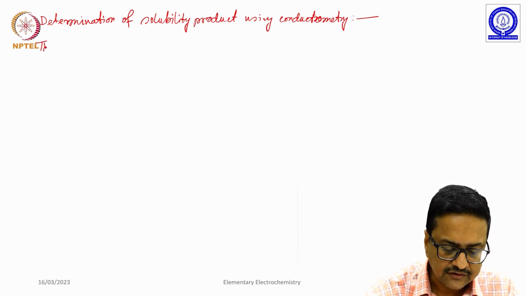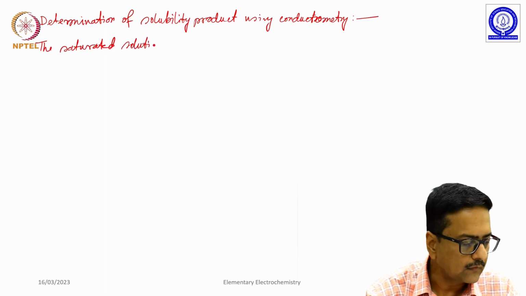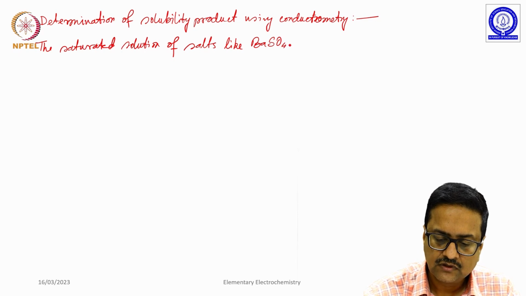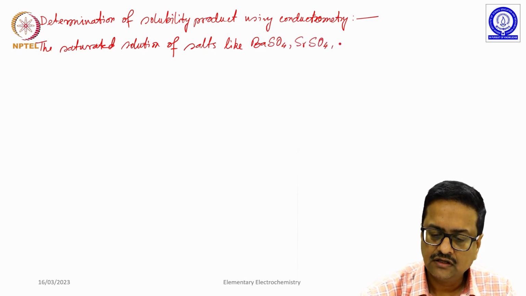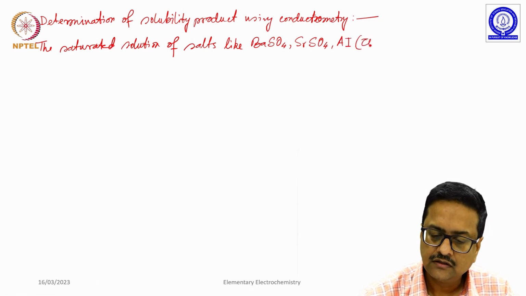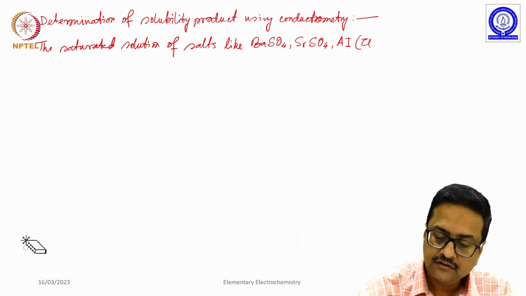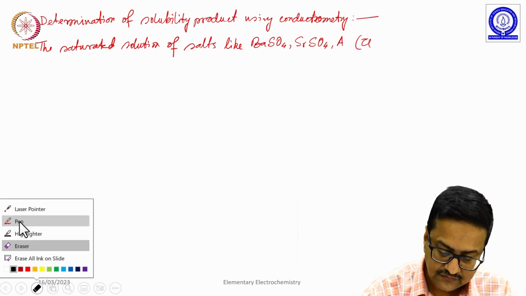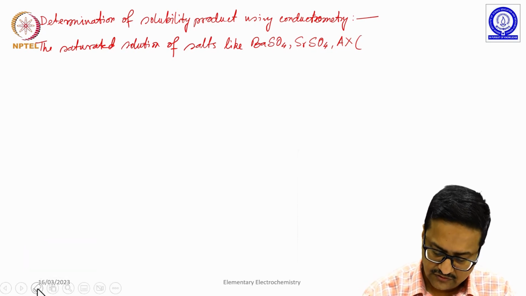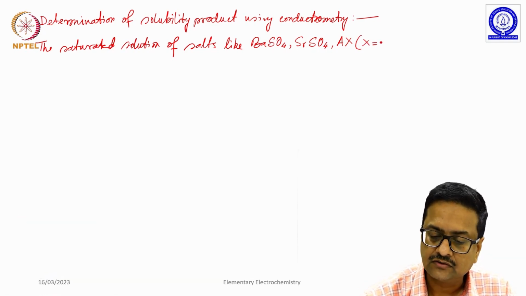So, the saturated solution of salts like barium sulfate, strontium sulfate, silver halides like, I would say I should write as AX, where X equal to chlorine, bromine and iodine.